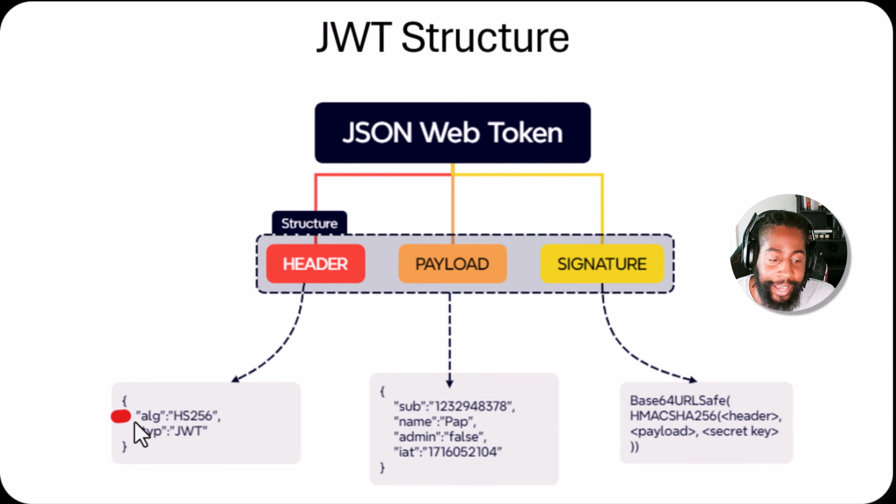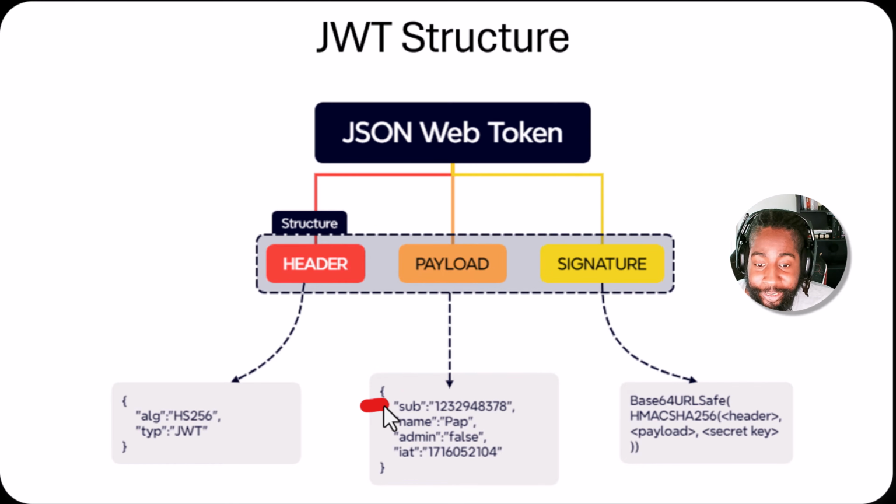HS256 stands for HMAC SHA-256. Nothing complicated. Then you have your type, TYP: JWT. I think it's always JWT. I don't think I've ever seen a JWT token that had a different type. Don't quote me.